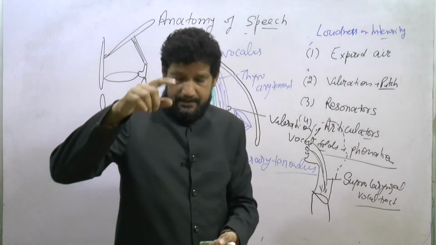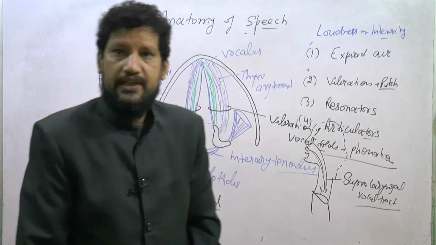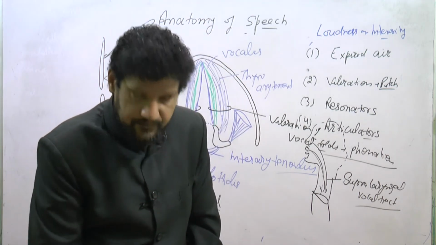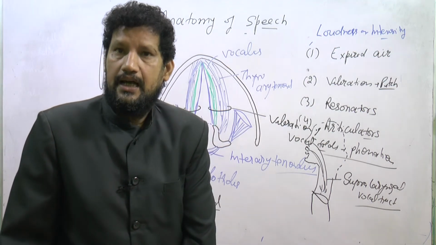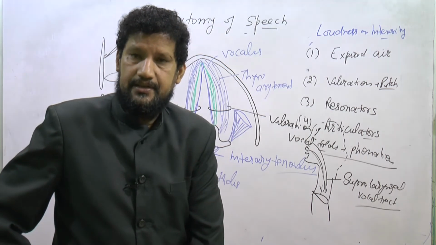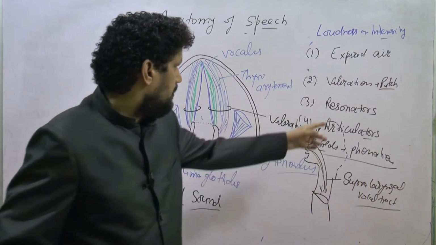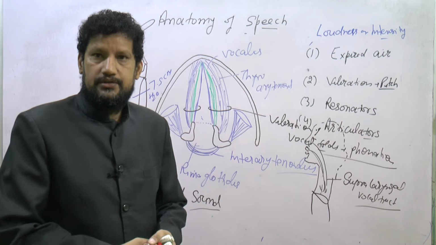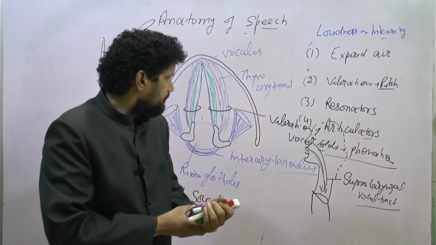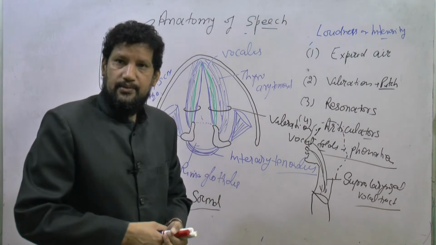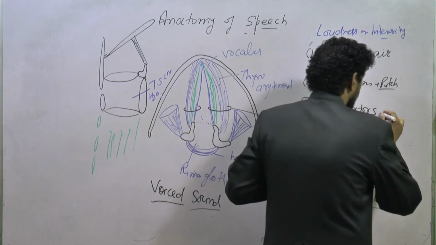There are columns of air from the lungs up to the oral cavity and nasal cavity, and these air columns are interrupted by the vibration of the vocal folds. But above the vocal folds, these columns act as air columns, and the quality of the sound depends on the resonator quality.